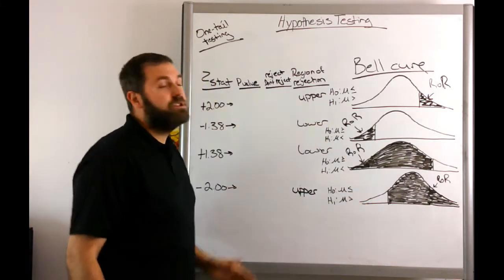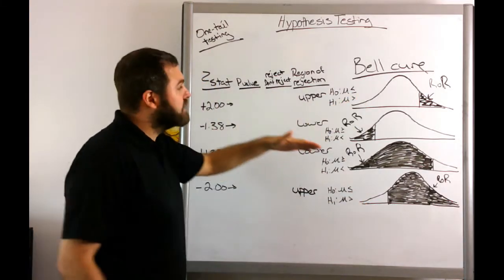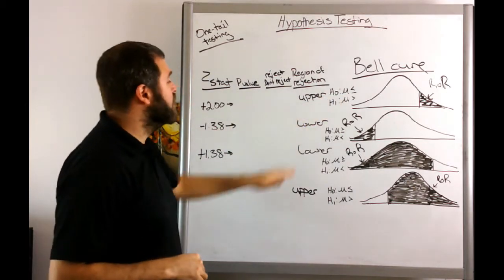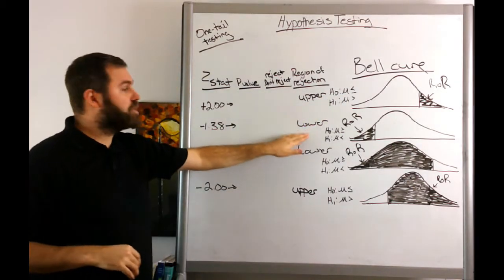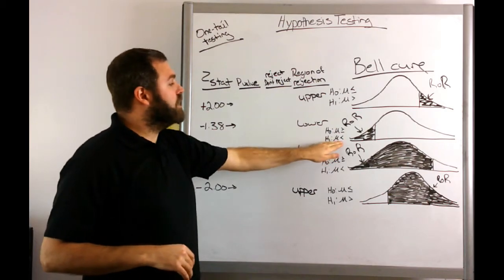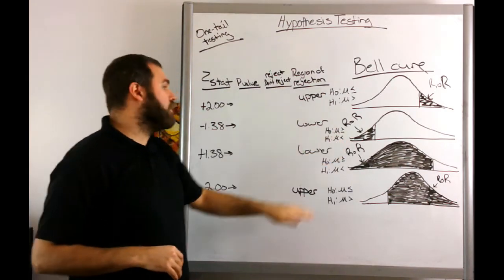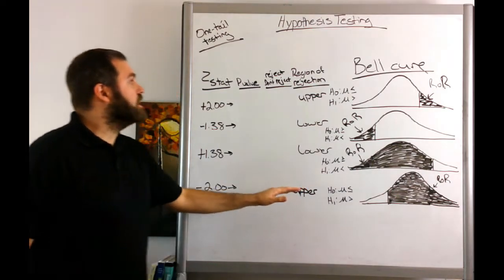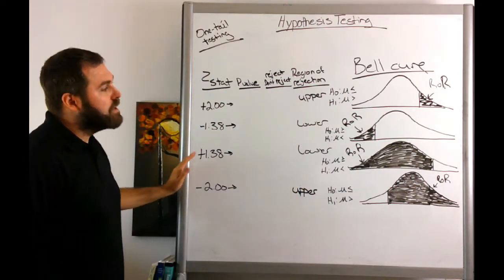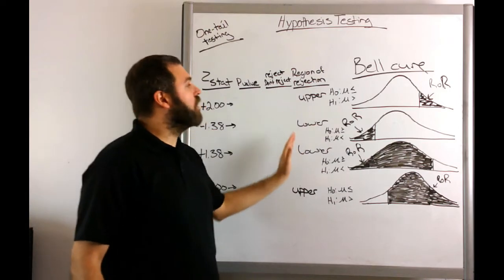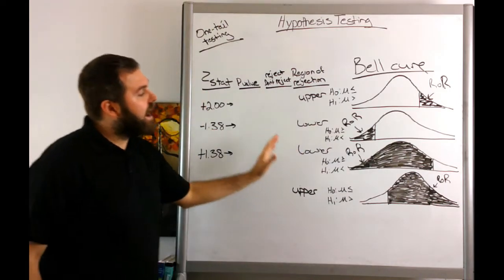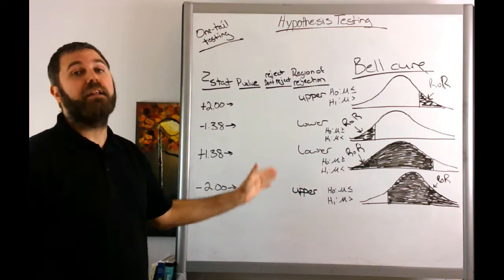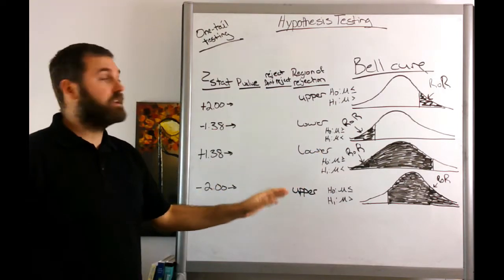So it's always going to point, like a little arrow, towards where the region of rejection is. So in a lower region of rejection, the mu is going to show less than on the alternative. So then based off of the z-stat, we can tell which lower or upper region and how much is going to be in the region of rejection and in the region of non-rejection.